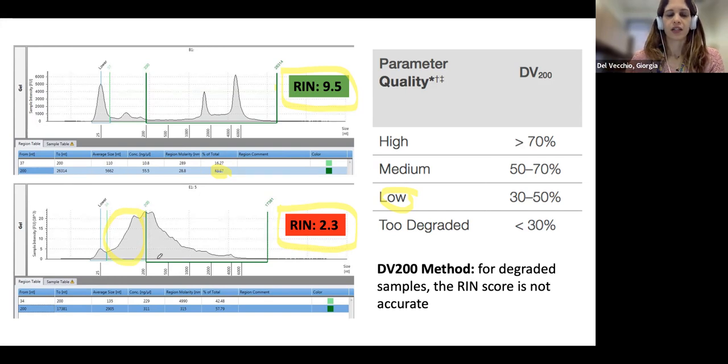If the quality is medium, with 50 to 70% of your sample in this range, the quality is still good. But if the RNA quality is low, probably your data won't be that good. So it will be hard to analyze the data and get useful information out of a really low quality RNA sample.